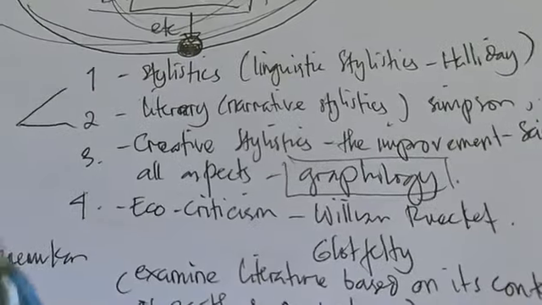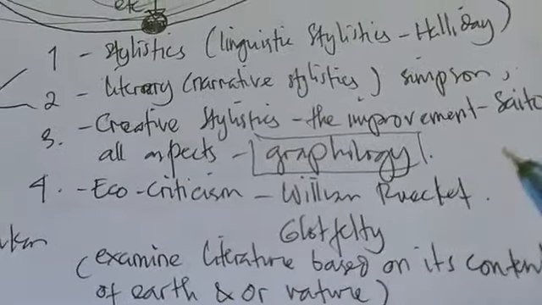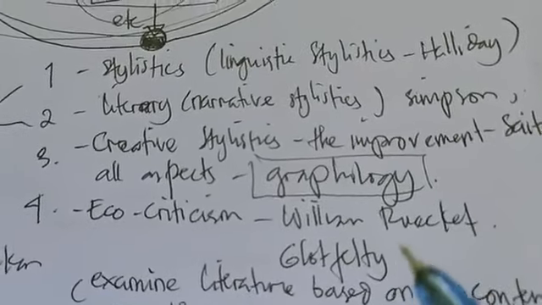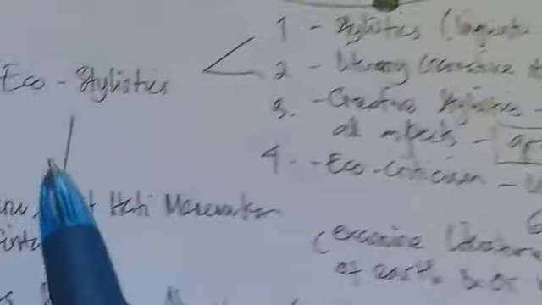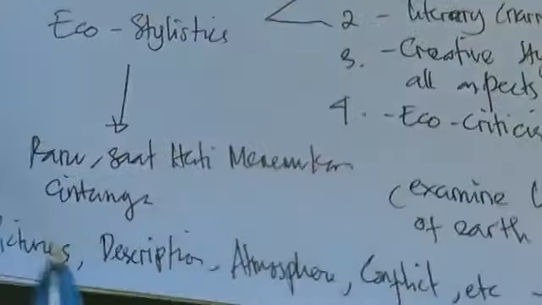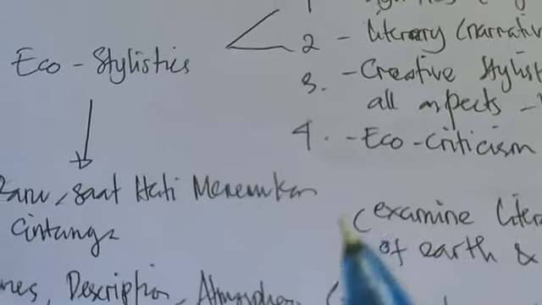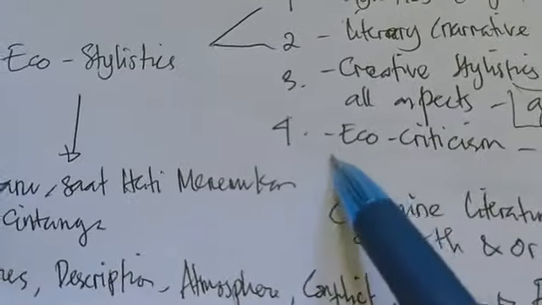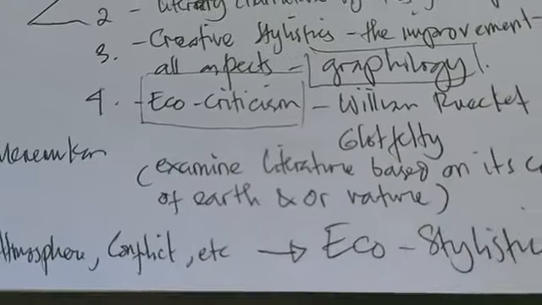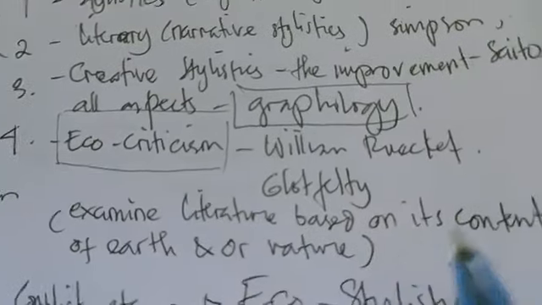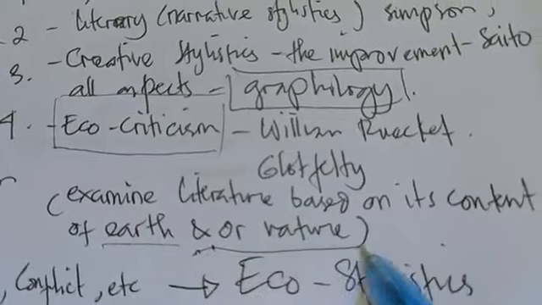And after that I also read eco-criticism, first proposed by William Rueckert and Cheryll Glotfelty. Then all these readings were combined with my reading of a novel entitled Ranu Saat Hati Menemukan Cintanya, and I found that eco-criticism, which I haven't explained yet, examines literature based on its content of earth or nature.